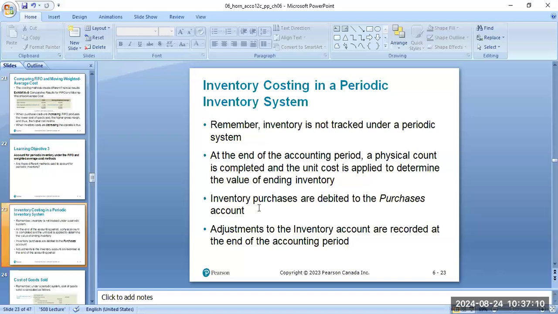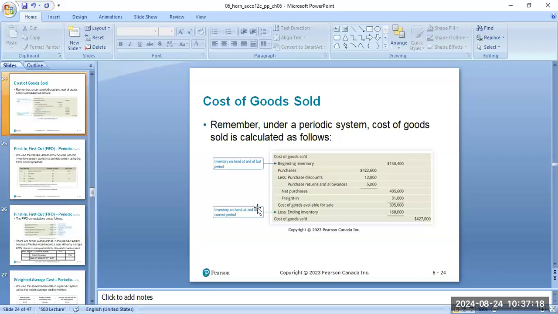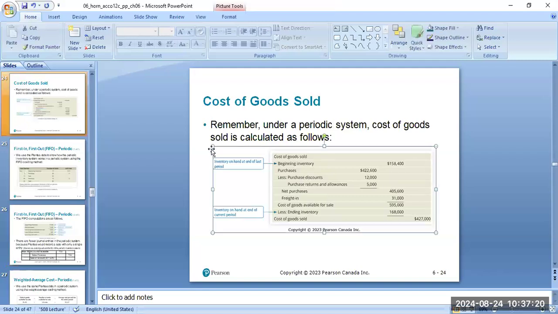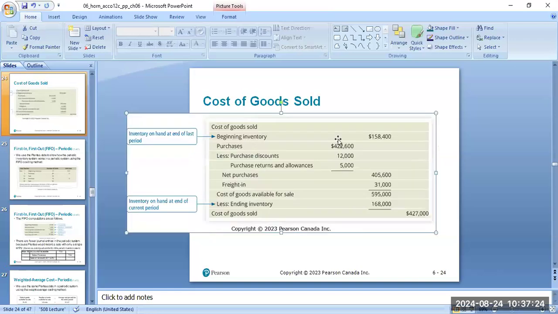If we have a freight in, that freight in is put to a separate account. So all the calculation is going to look like something like this, which we already know from the previous chapter. We're going to start with the beginning inventory, which is the ending inventory from the previous period, which we already counted. So we are certain that the beginning balance is correct.